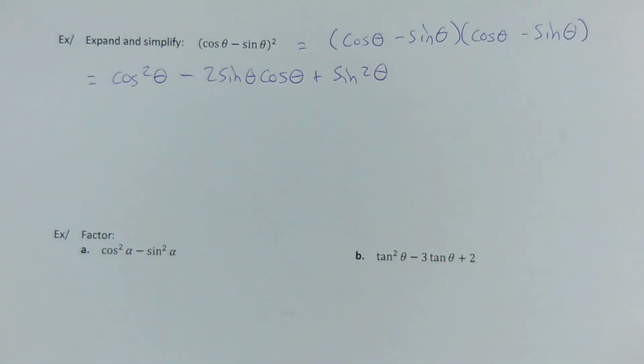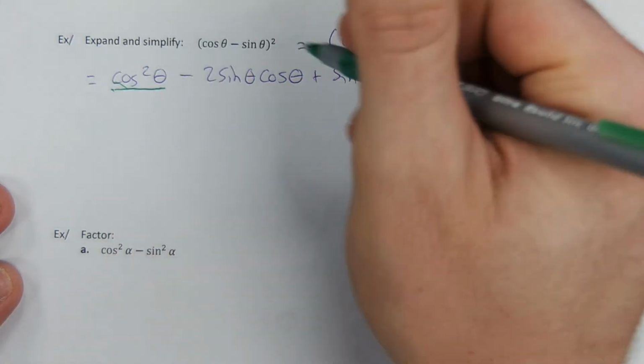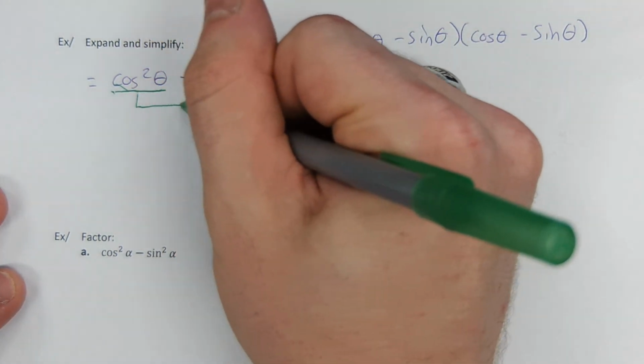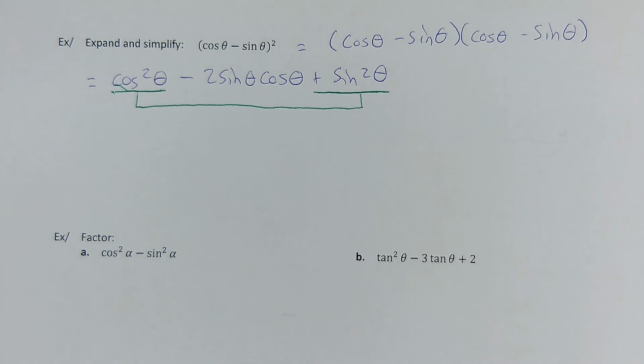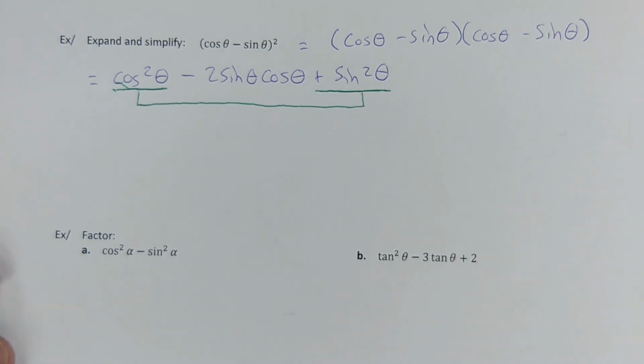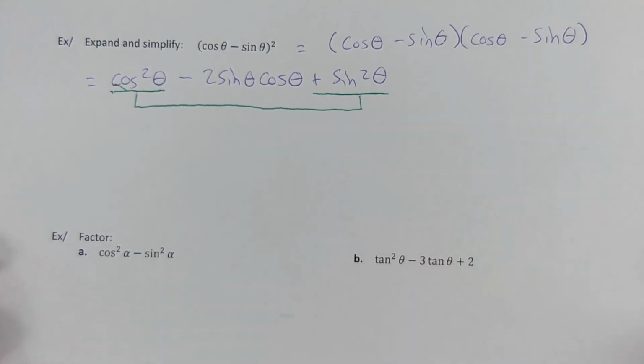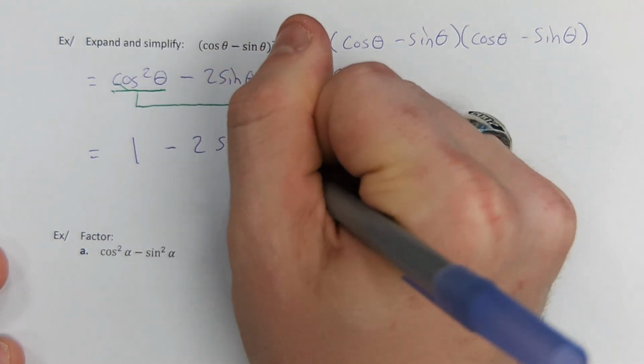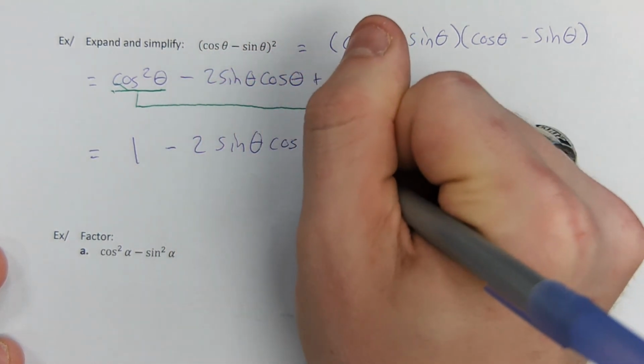But what happens if you do cosine squared theta plus sine squared theta? What are those two things? Yeah, they equal 1. I just FOILed and combined like terms. I just didn't show all those steps, but that's what you would have gotten because there would have been 2 of the minus sine theta cosine thetas. So what you end up with here is 1 minus 2 sine theta cosine theta.